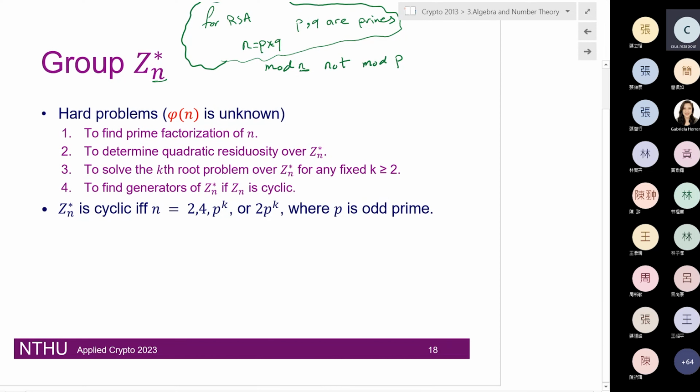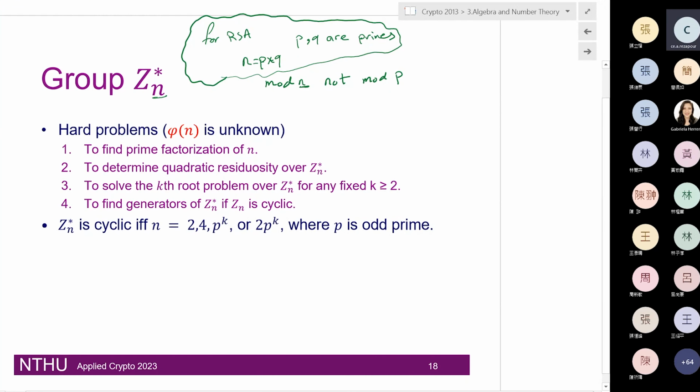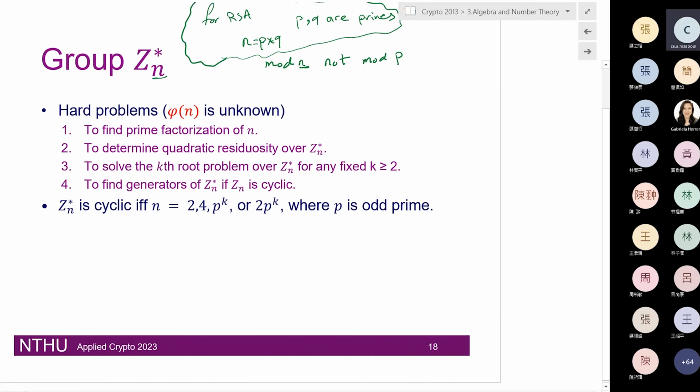There are some hard problems in these groups Z star N. Specifically, we are focusing on RSA. As long as phi of N, the size of this group, is not known, there are some hard problems on this group.